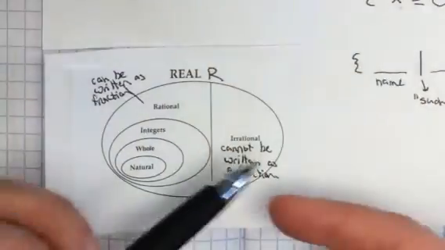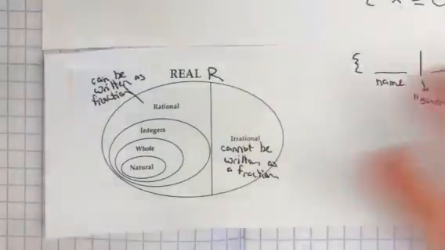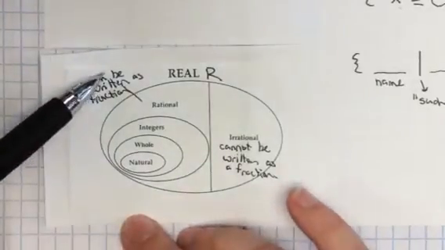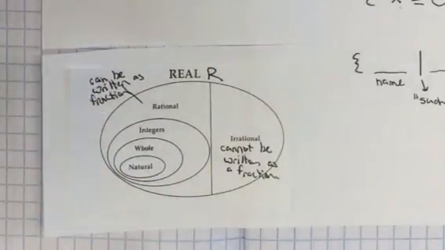So things like pi or square root of 5, those would be irrational numbers. Things like 3/4. How about 0.6767676767? Rational, because it follows a pattern. Any decimal that follows a pattern you can write as a fraction. Now there are lots of different types of numbers that can be written as fractions.